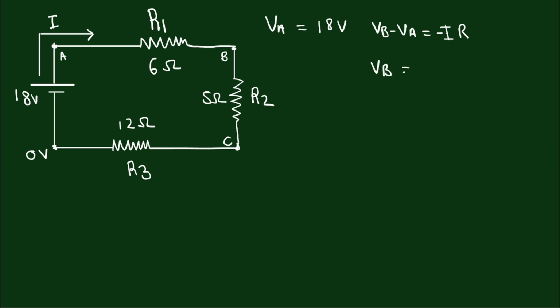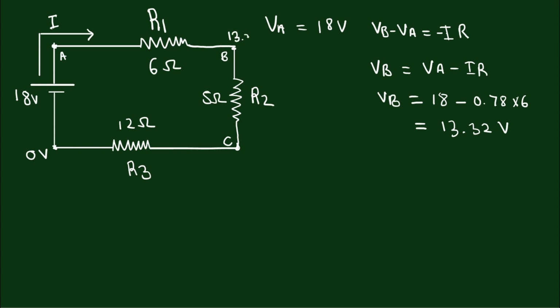VB is equal to VA minus IR. So VB is equal to, VA is 18 volts, so 18 minus 0.78 times 6. So we will get 13.32 volts. Here the potential will be 13.32 volts.